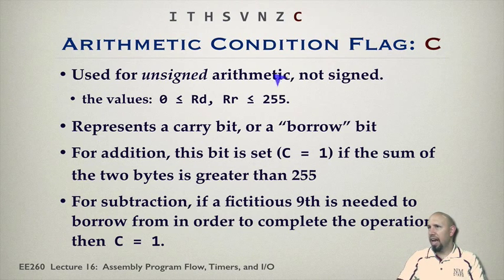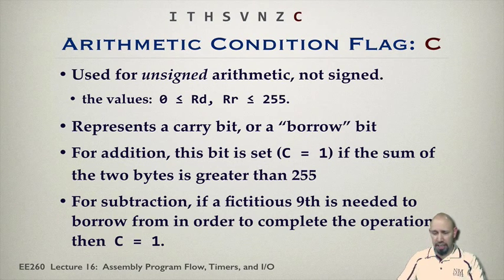So the C flag, again, is used for unsigned arithmetic, not signed arithmetic. So it's used for registers that hold values between 0 and 255, and they're assumed to be positive or non-negative numbers. So the destination register and the source registers are assumed to be unsigned values. As such, the C bit represents a carry bit, or it represents a borrow bit.